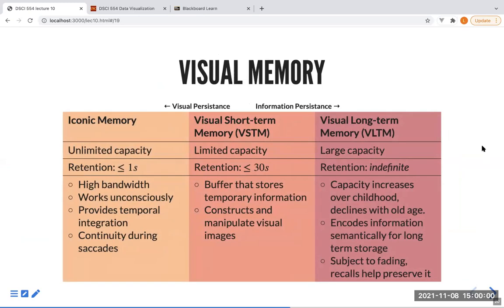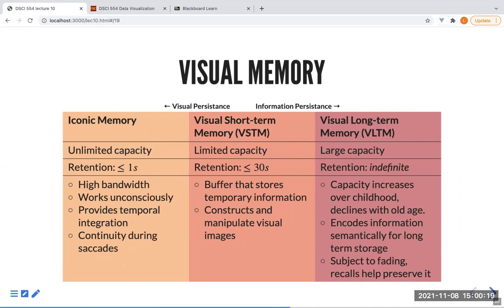So I'll finish, and then we'll do a quick break, with some things on visual memory. Up until now, we looked at patterns, but we didn't talk much about memory.